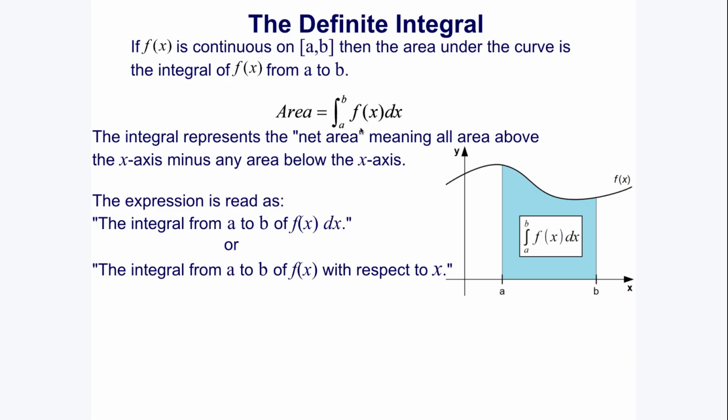And I know I'm throwing a lot of big calculus words in there, but basically you're finding the area under a curve of the f of x function. So the expression you would read is an integral from a to b of f of x dx, but what dx really means is with respect to x.